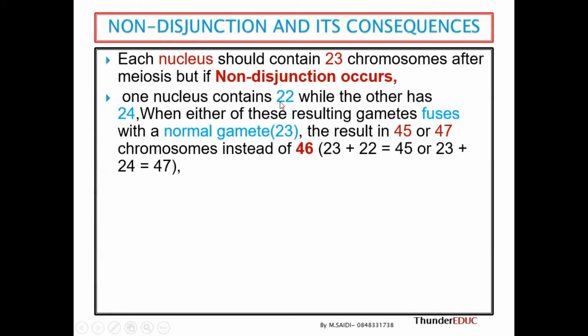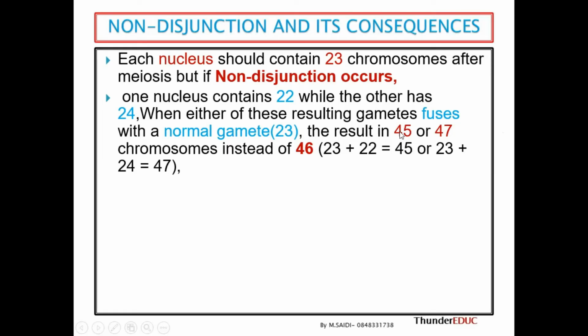It means that this one is a monosomy, and then this is a trisomy. It is less of one chromosome. It has an extra chromosome. When either of these resulting gametes fuses with the normal gamete, which is 23, if this 24 fertilizes, 24 and 23 is going to be 47. 22 and 23 is going to be 45.